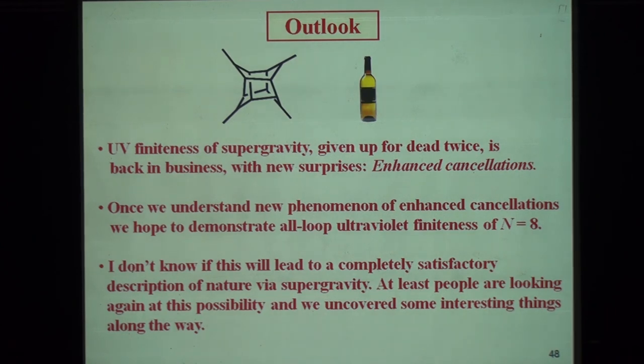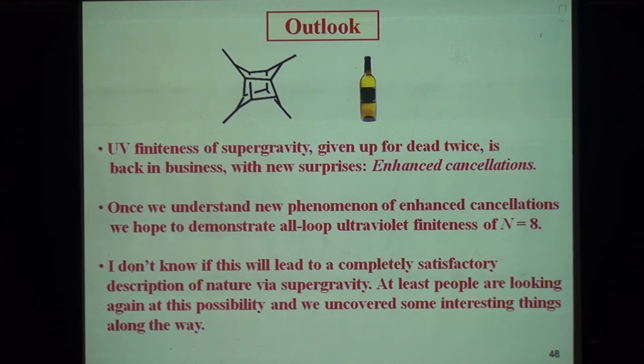What's kind of amusing is this question of whether you can build an ultraviolet finite theory of gravity. It's been given up for dead twice. Once was in the early 80s, when string theory arose. And the second time was when people looked at the divergences and said, look, there's going to be trouble at 5 loops, and you're going to get a 5-loop divergence.